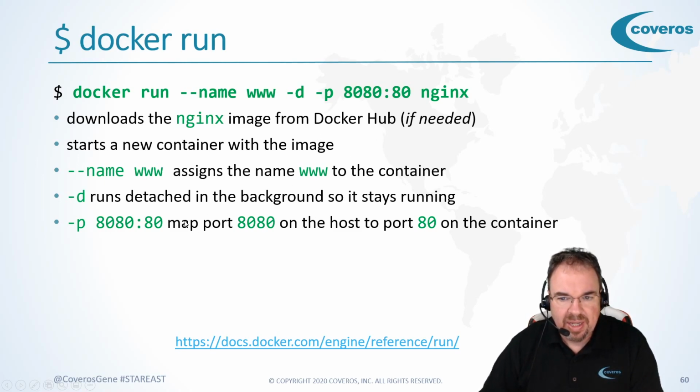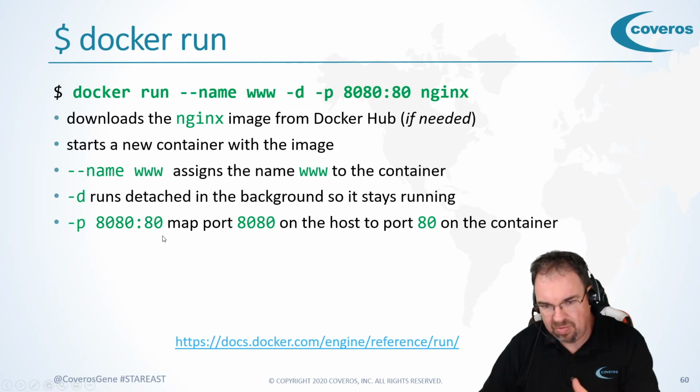Detached, so it's in the background, so it comes back to us and stays running. The other thing we did is map a port. Those of you that know a little bit about web servers know they usually run on port 80, and that's the way it runs here too. But we mapped port 8080 locally to port 80 on the container. So when we hit localhost on the workstation, port 8080, we hit port 80 on the container, right?